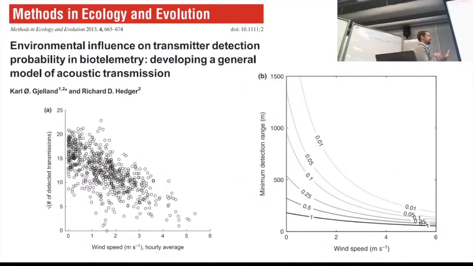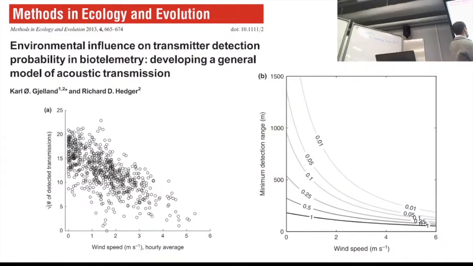But this was just a study showing the impact of wind. I think this was in a lake system. Simply, the stronger the wind, the greater the wave action, the greater the turbulence in the surface waters. I'm not a limnologist or oceanographer, so I probably butchered the physics and terminology there, but you're creating a louder environment that then makes it more difficult to hear detections.